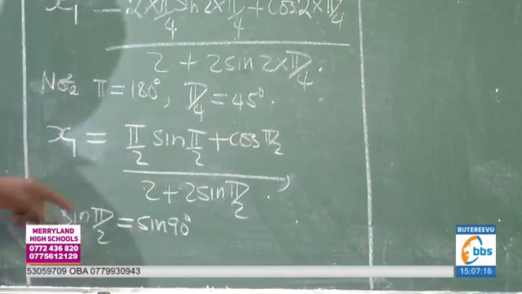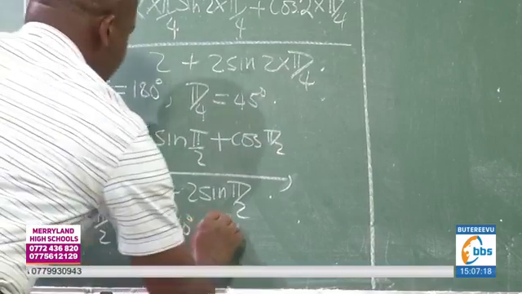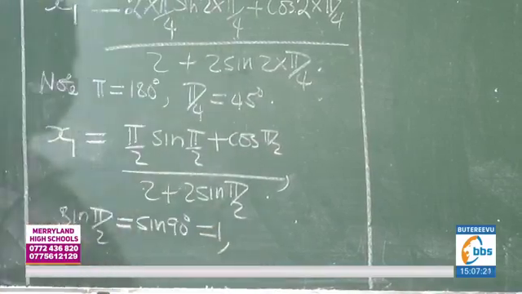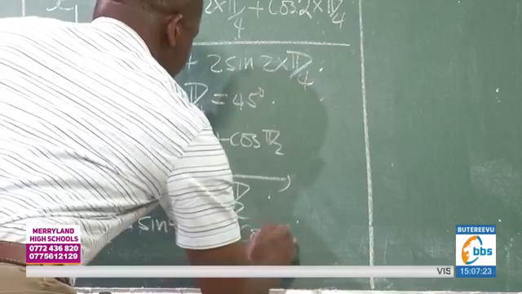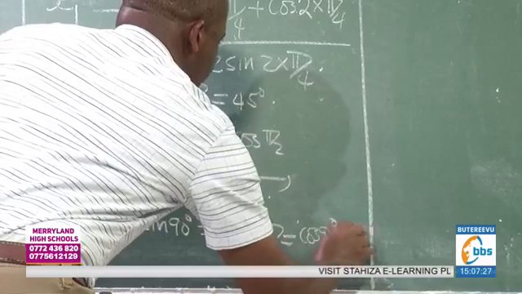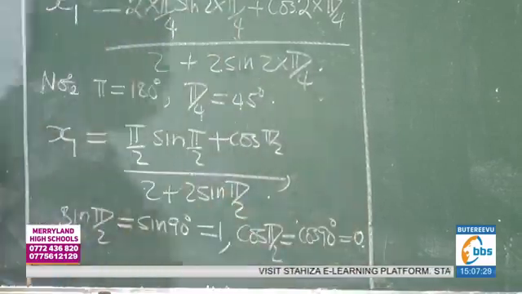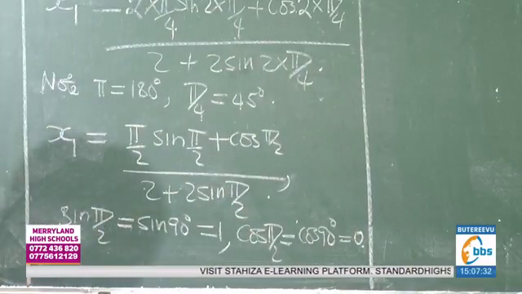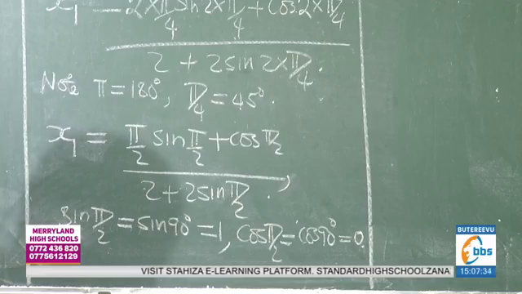If you convert it to degrees, these are in radians, and this is equal to 1. At the same time, the cos of pi over 2 is the same as the cos of 90 degrees, and this is equal to 0. From your trigonometry, you should be aware of this.